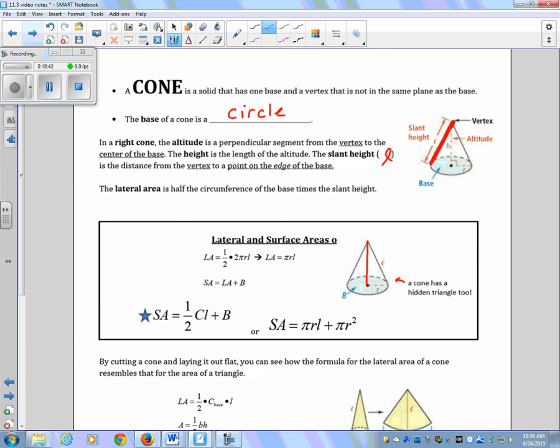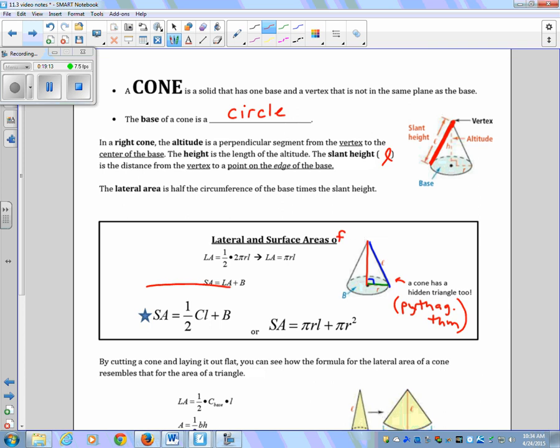Height, in this case, instead of apothem, it's radius, and slant height are going to make that hidden triangle. Same concept then. We're going to use Pythagorean theorem a lot to find the missing pieces of that triangle often. And that's going to help us with our formula for lateral and surface area of cones.